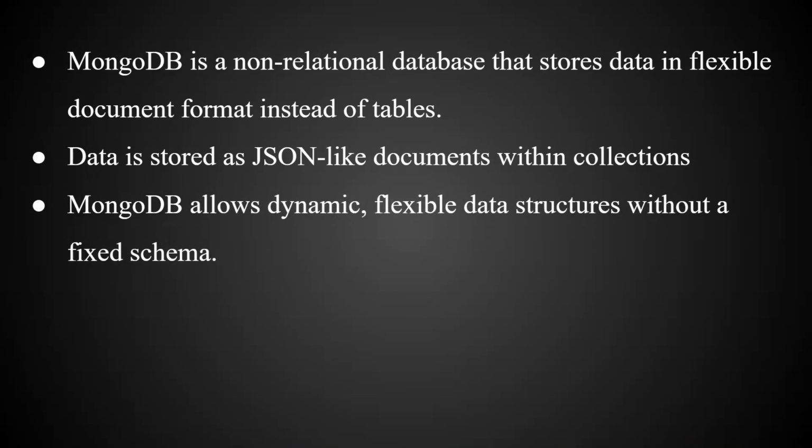MongoDB allows dynamic, flexible data structure without a fixed schema. So whenever we want to store any kind of data in our MongoDB database, we need not follow any kind of fixed schema. For example, if you are storing the data in a relational database, there you have to first create a table.